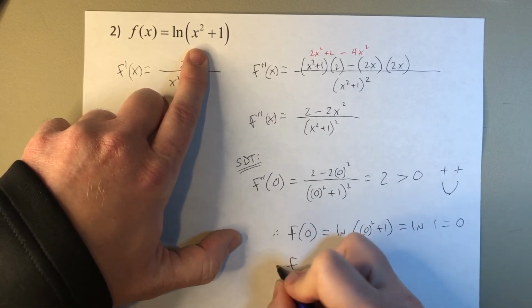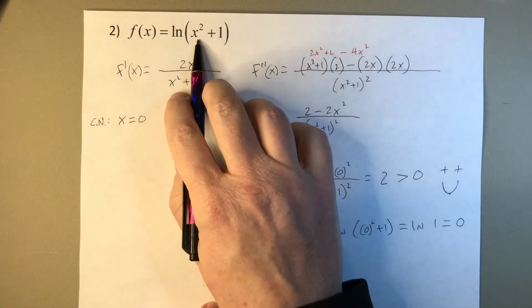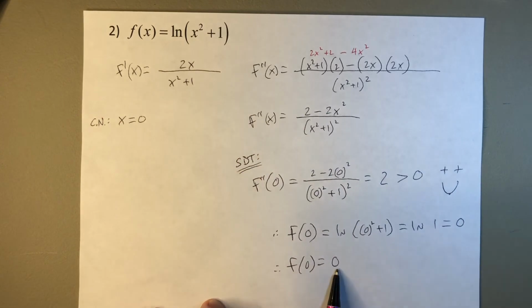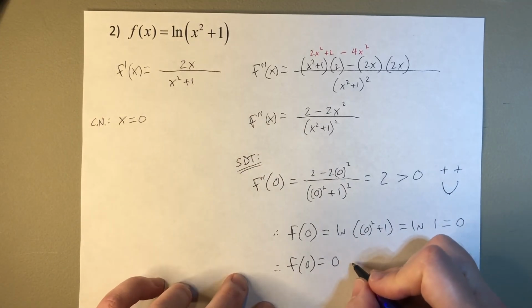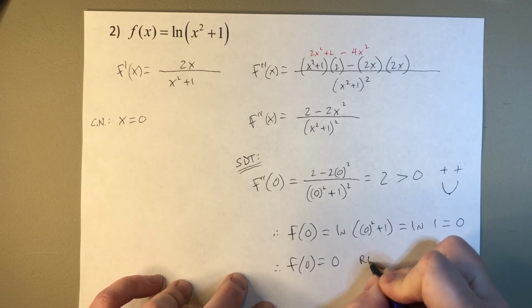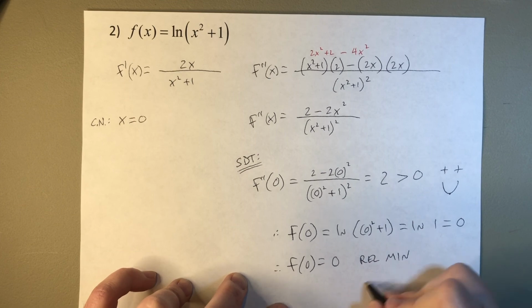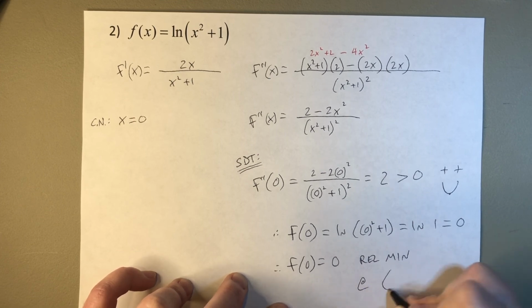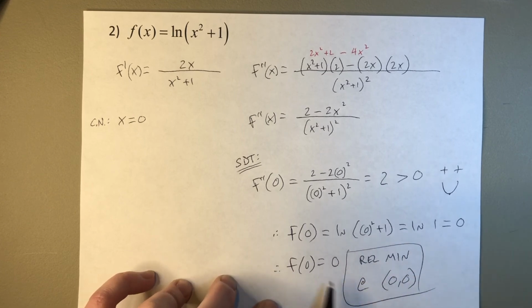At f of 0 equaling 0, you plug in a 0 here, you're going to get ln of 1, which is 0. Right here at this point, you have a relative minimum. Now, if you want, this is function notation, but of course, it's at this ordered pair. You can write it as an ordered pair as well. All right, function notation versus ordered pair.